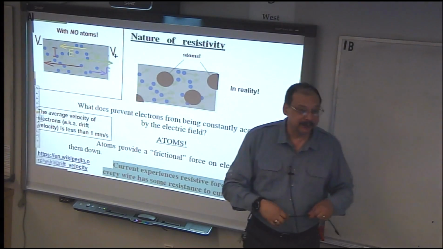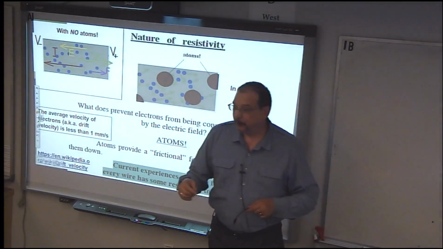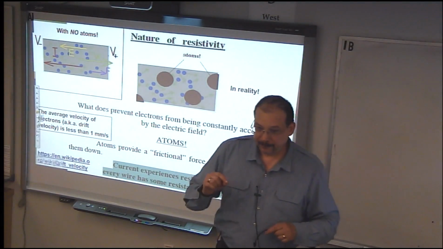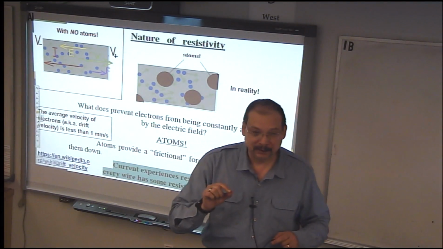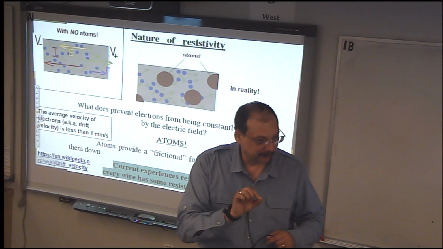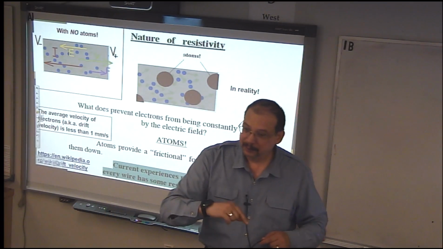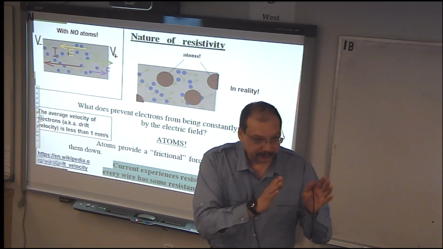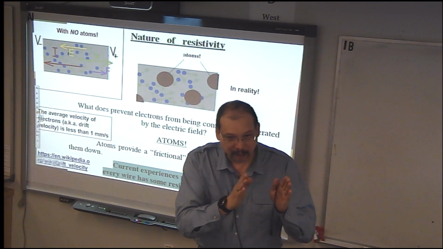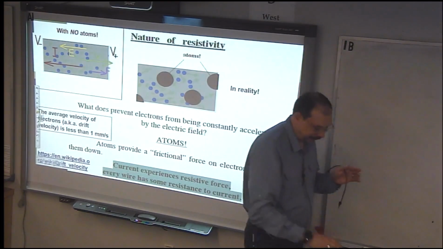So we call this phenomenon resistance. And what is happening with each electron? Electric field makes it move a little bit faster. It collides, bounces back. But electric field picks it up again, it moves faster again, and it bounces back. So on average, they will travel very, very slowly with a constant velocity.